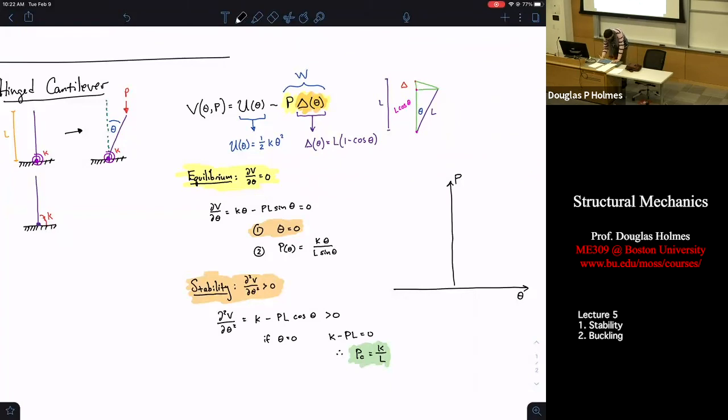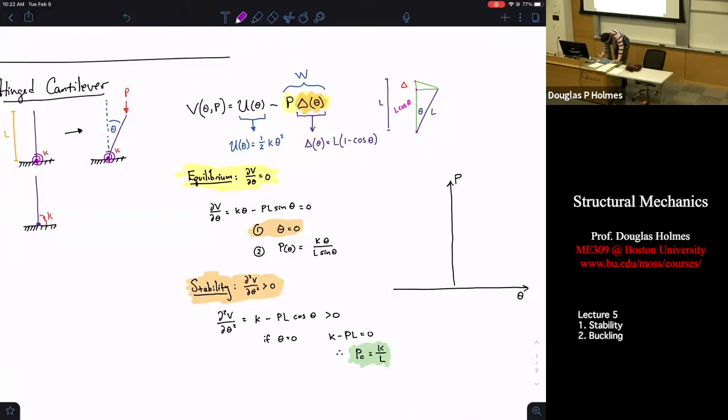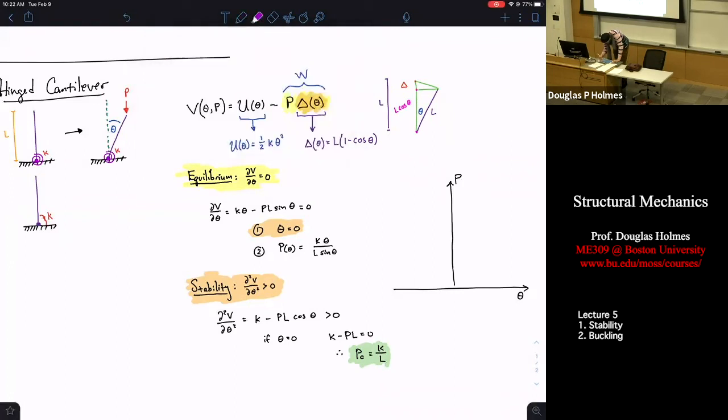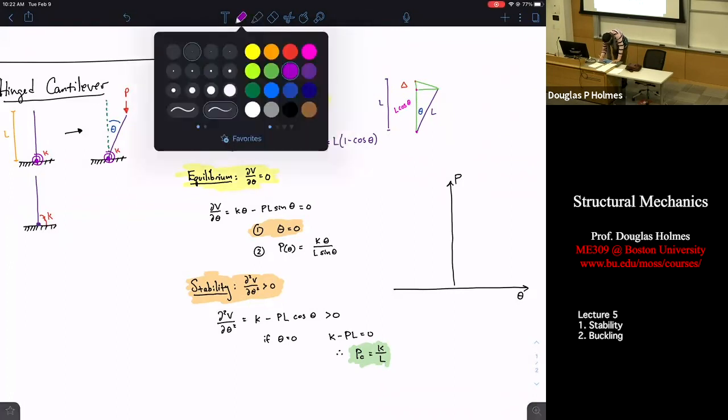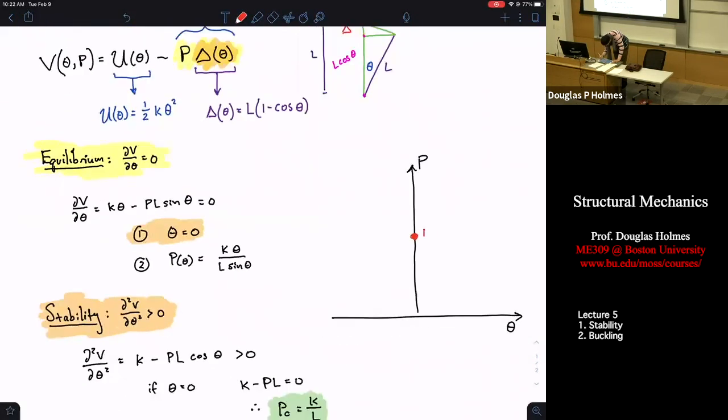And what our equation is telling us is that there's a point at a value of k. Oops, can't really see that, can you? At a value of k over L.